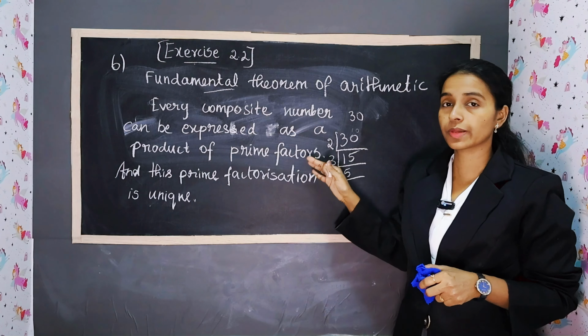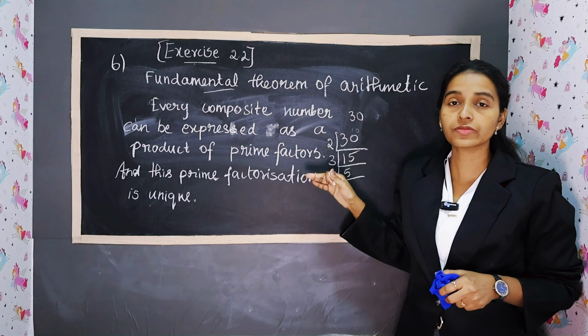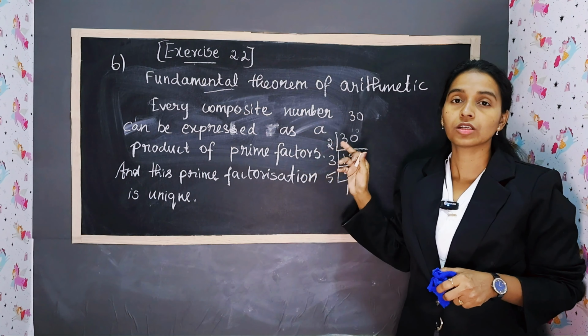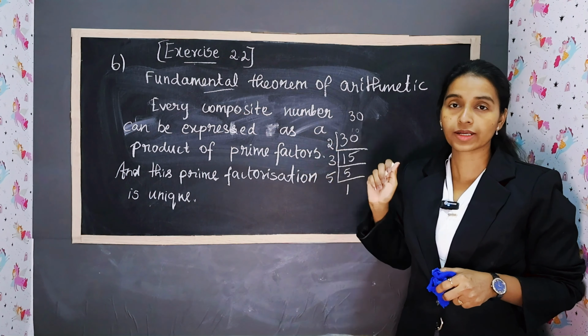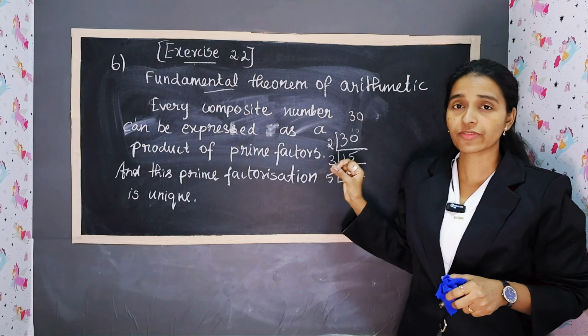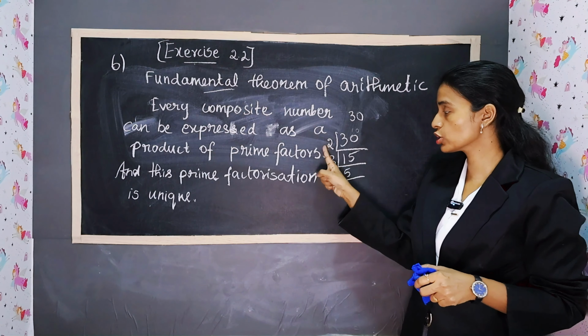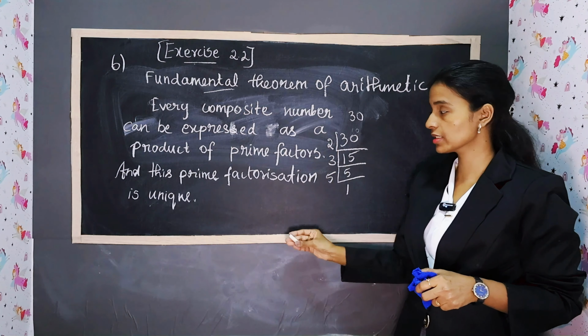What is prime? A prime is a number which has exactly two factors. We have already learned about all of these topics. If you haven't watched that video, check that video. Everything is in the playlist in English. So the prime factors of 30 are 2, 3, 5, right?